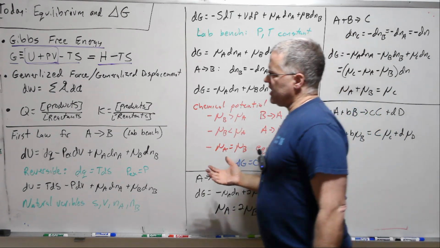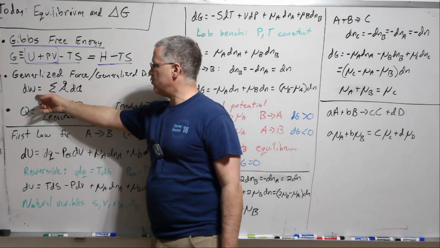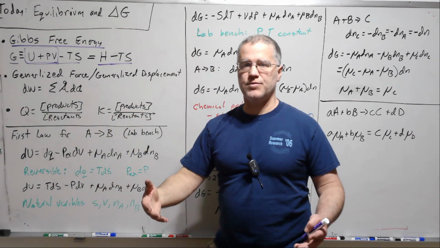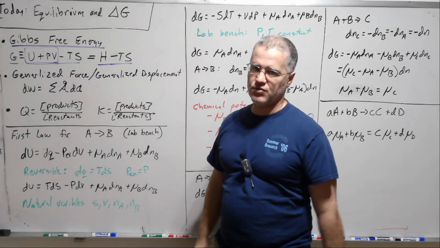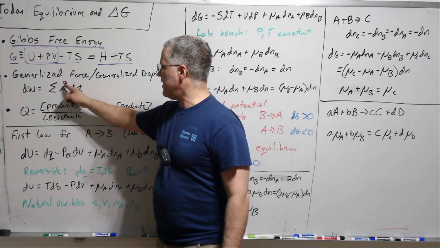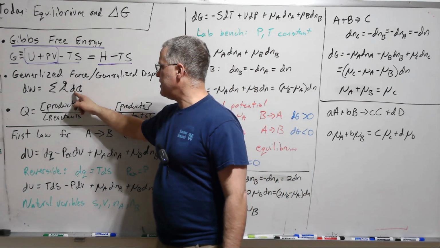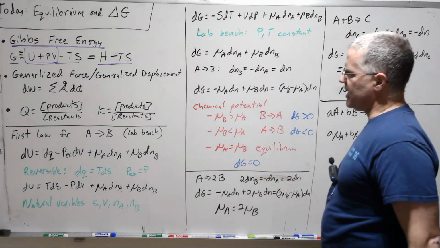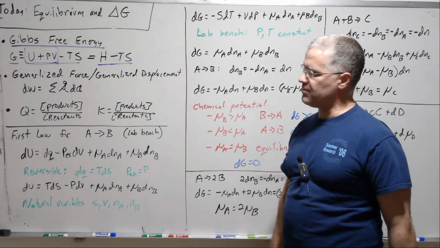We've talked about generalized force and generalized displacement, and so work can be written as the sum of all the different contributions of generalized force times generalized displacement. So this really fancy capital A represents the different types of generalized force, and the little fancy a the generalized displacement.